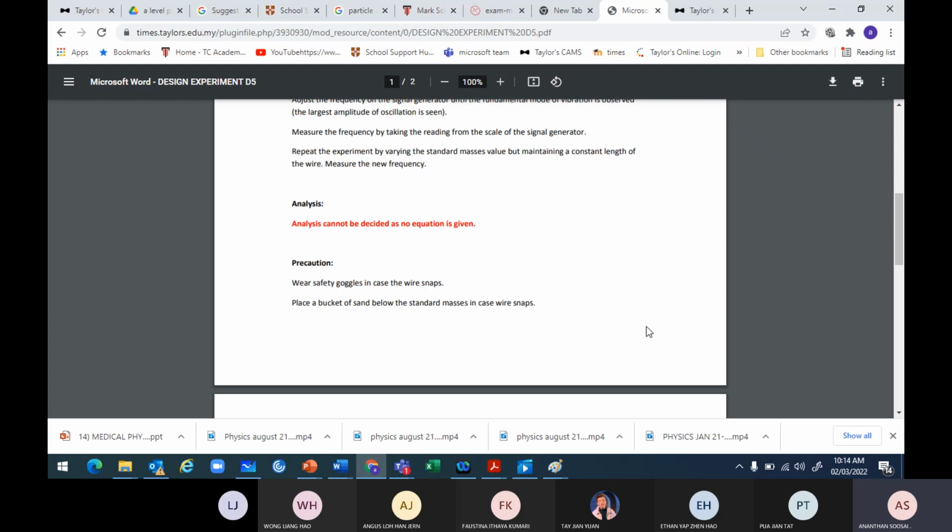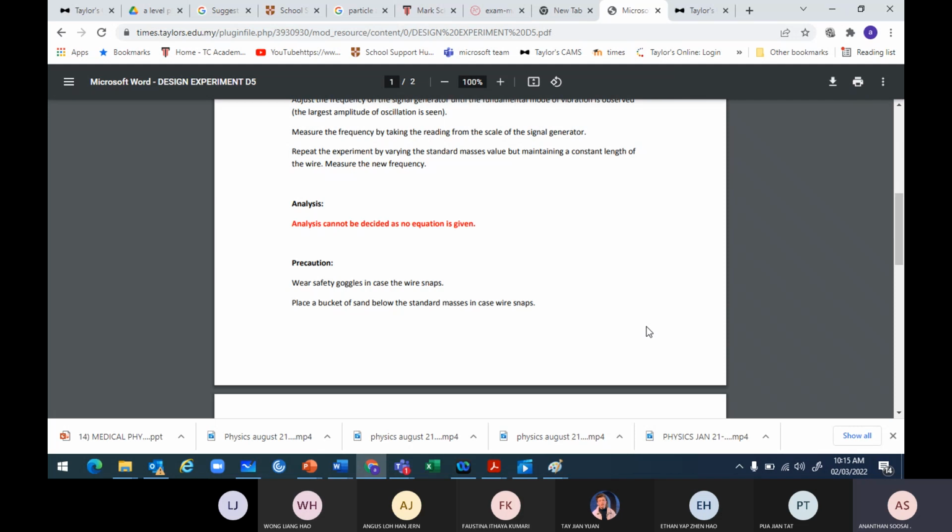Then what else do you see? Analysis by obtaining a straight line passing through the origin, where the gradient represents what? The gradient represents k. Oh yes, sorry, k squared. This is k squared, right?